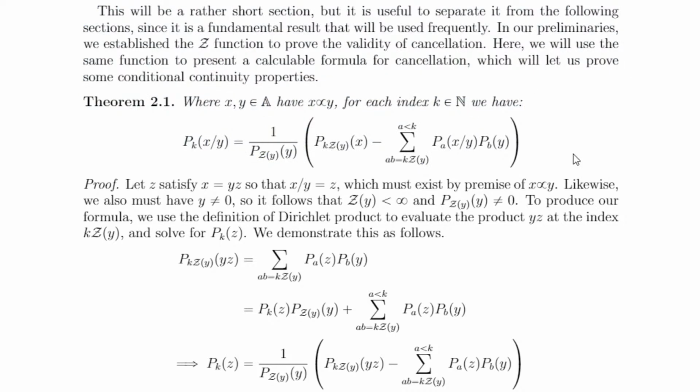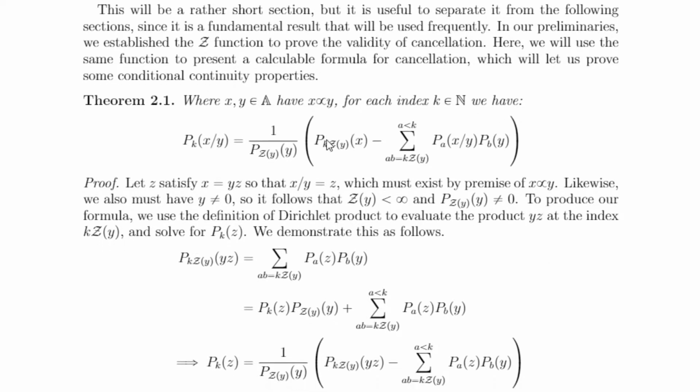And this whole chunk of stuff looks pretty arbitrary, and that's kind of because it is. We have a projection of, here we have another z of y, we're multiplying that by k, and again, k is the index that we're trying to figure out. There's not a whole lot of intuition to this until you see the proof, and then it makes a little more sense. But we have this projection of x, and we're subtracting this summation.